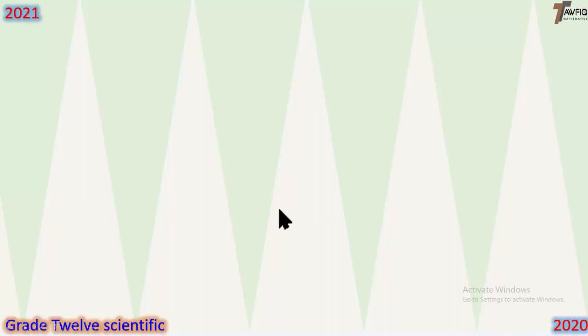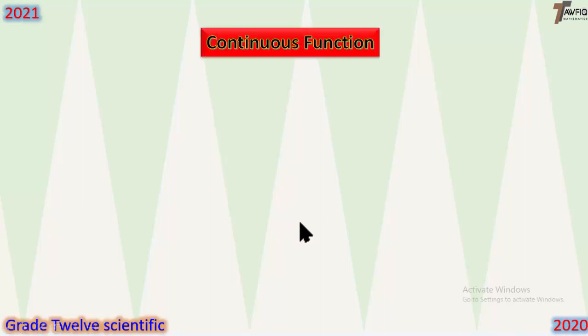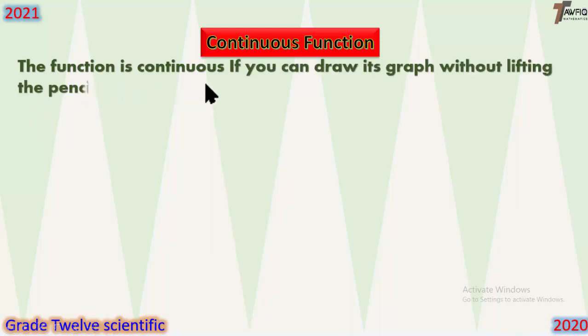And now we are starting our lesson, Continuous Function. What is the meaning of the continuous function? The function is continuous if you can draw its graph without lifting the pencil from the paper.